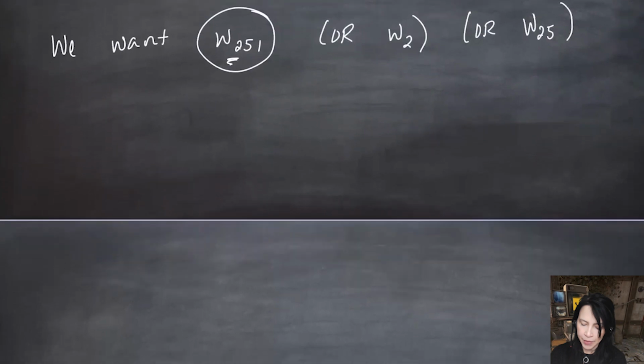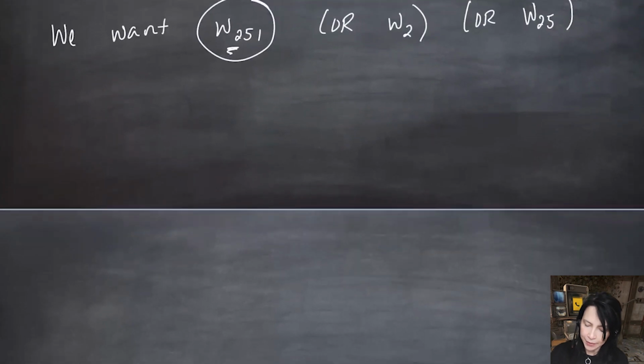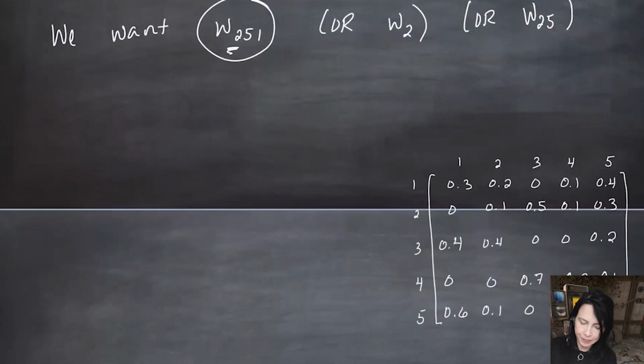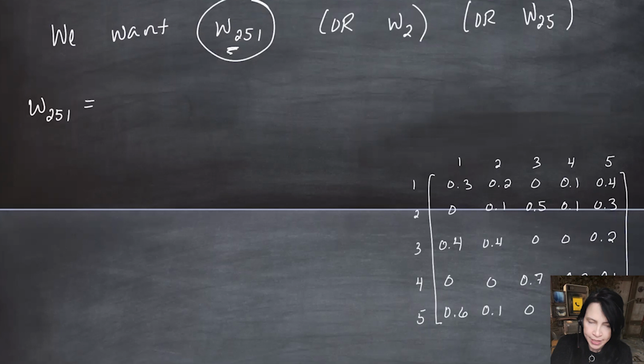Okay, let me get that matrix back. What is W251 in a first step analysis? This means I'm starting at 2, I'm going until I hit 1, and I want to count the number of hits on state 5. So we're back sort of counting steps, and you might think you need a 1 plus here.